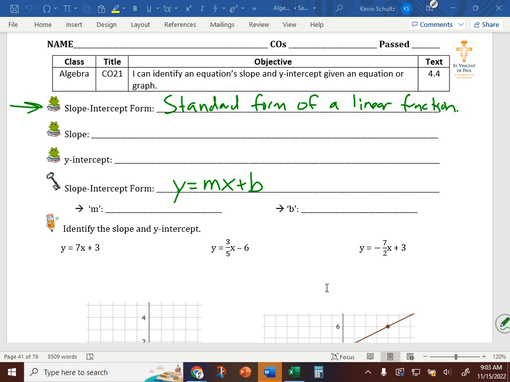The slope. Who remembers how we defined slope? We're going to write that again, because the more you write stuff, the more you remember it. How a line moves across the coordinate plane. And our little fancy abbreviation for that is rise over run. Sometimes when you speed run, you make mistakes you normally wouldn't make.